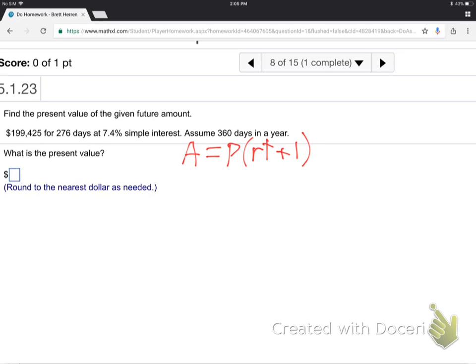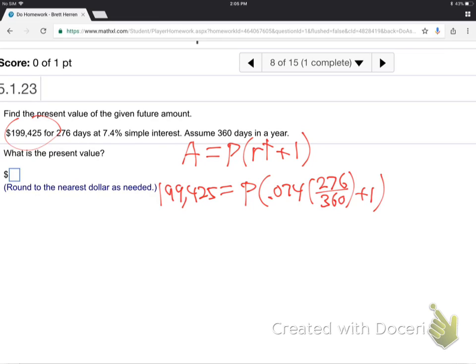All right, so same formula. This is the amount, 199,425. And the rate is 0.074, as a decimal, times the time, 276 over 360, plus 1. Then to solve for P, that's what they want, the present value, divide by that whole 0.074 times 276 over 360 plus 1.